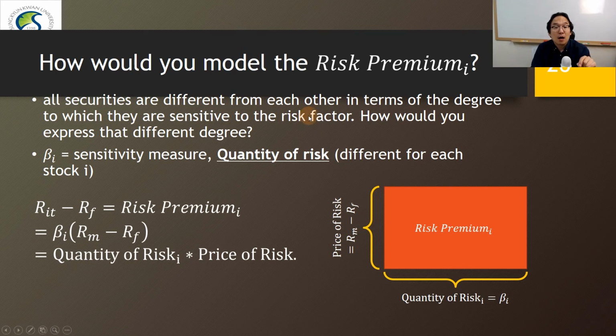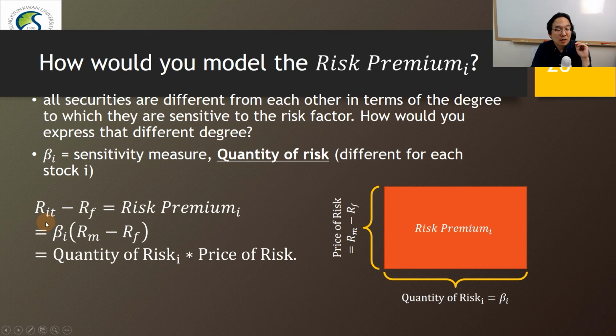Okay, how would you express that different degree of sensitivity? Well, let's call it beta, a sensitivity measure. Another name for it, its economic name, is quantity of risk. Quantity of risk for stock i, and each different stock i has a different beta i. There's a different sensitivity to the common risk factor, the market risk factor, RM minus RF.